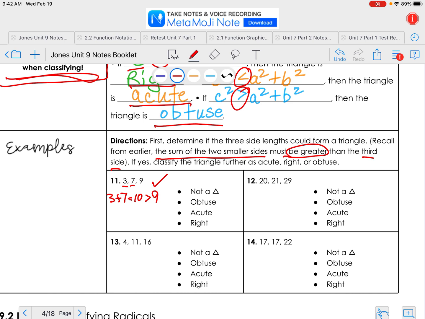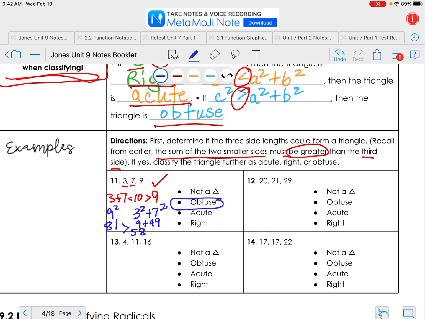So is it obtuse, acute, or right? c squared is 81. a squared plus b squared, that's 9 plus 49, so that is 58. c squared is greater, so it's an obtuse triangle.